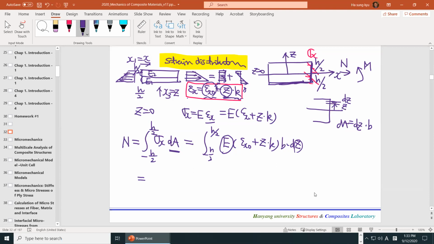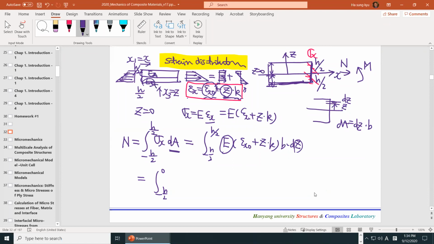So we cannot just directly integrate, but we can integrate from here to there, because all the material properties of E will be the same. Then this upper part can be separated again, and we can have another E. So this one integrates from minus H over 2 to 0, and E will be Young's modulus E1. Let's call it steel.